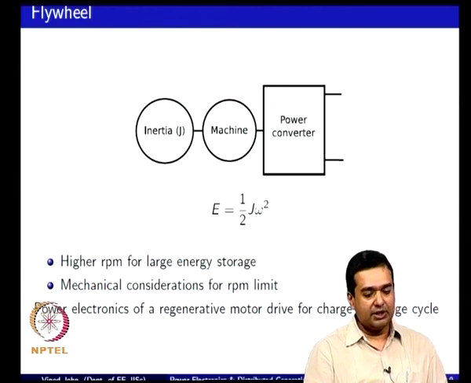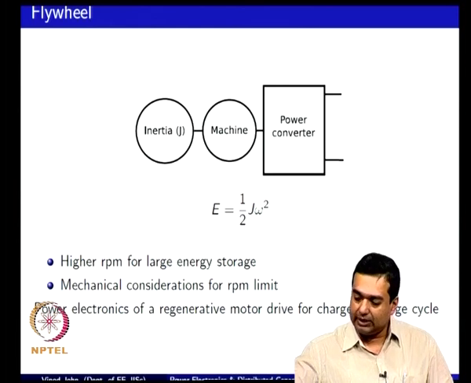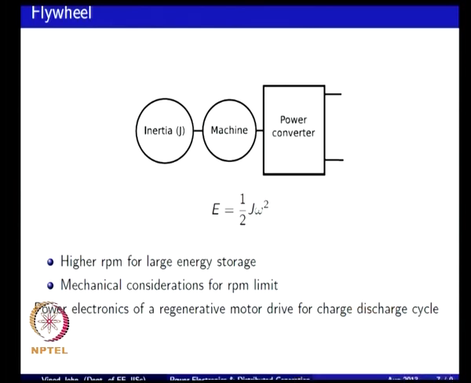If you look at flywheels today, flywheels are machines that operate at fairly high speeds. The amount of energy stored in a flywheel is proportional to the square of its speed, so you typically try to apply as large an RPM as possible. People use tens of thousands of RPM to hundreds of thousands of RPM.